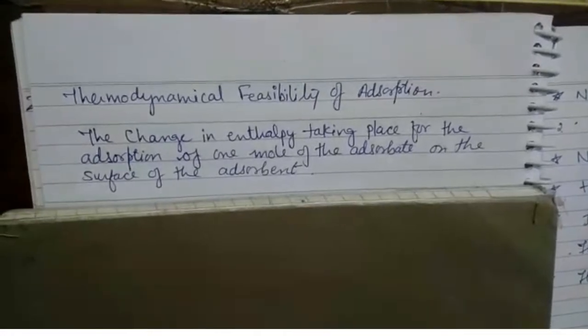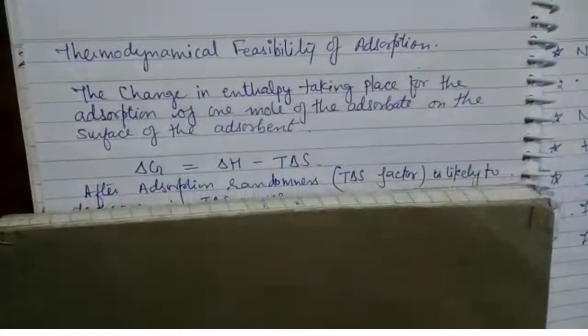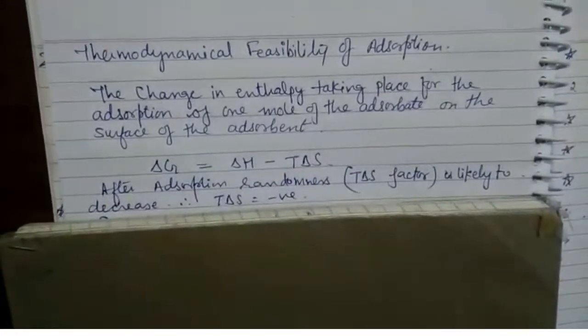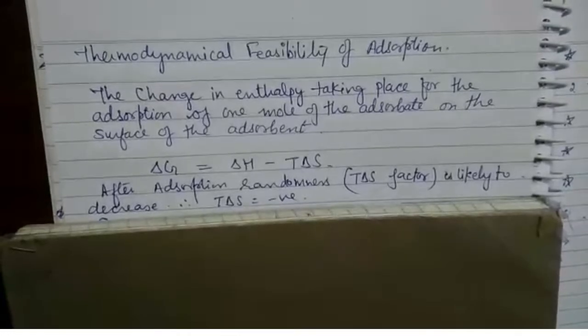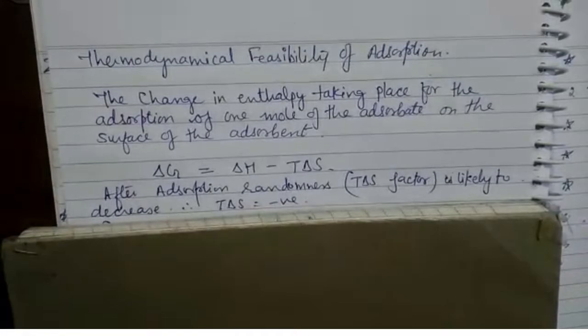And we know that any reaction is feasible when delta G, the Gibbs energy, is negative, and for this the equation is delta G equals delta H minus T delta S, where delta H is our enthalpy factor, T is our temperature, and delta S is our entropy factor.